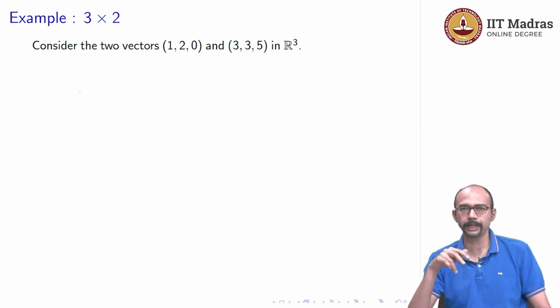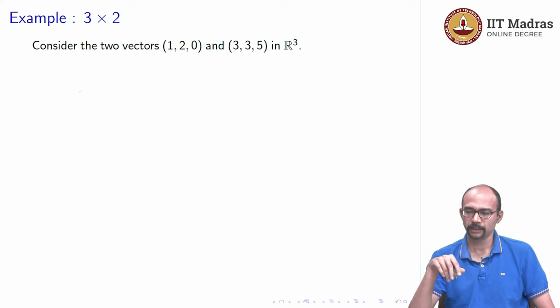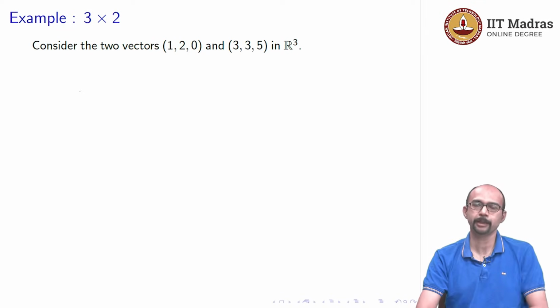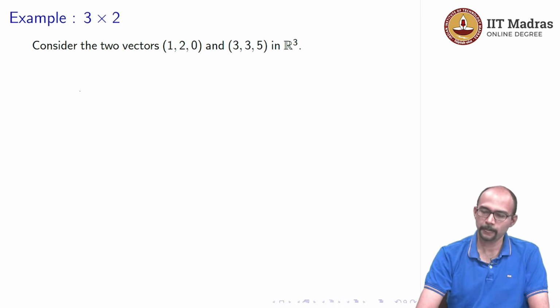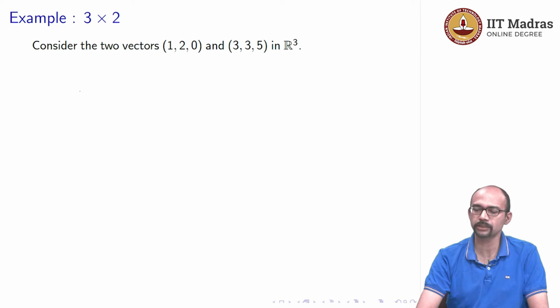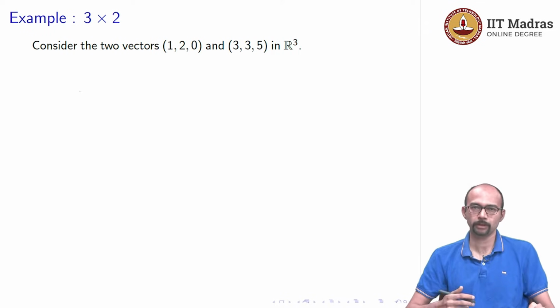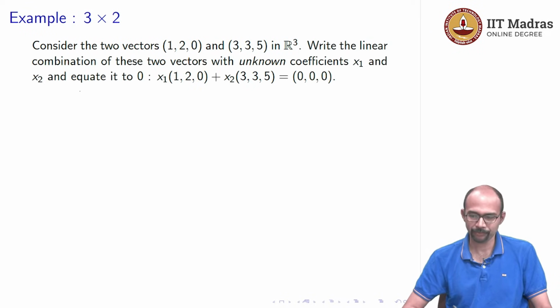Before we go ahead, let us note first of all that we already know the linear independence of two vectors: two vectors are linearly independent means that they are not multiples of each other, they are two non-zero vectors. So, here you can see that these are not multiples of each other, that means they are linearly independent. We already know this fact, but let us do this in terms of our matrix.